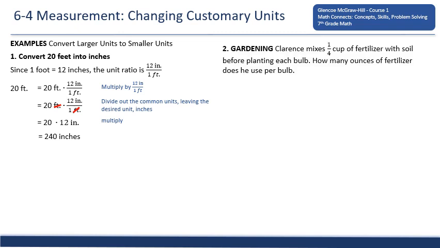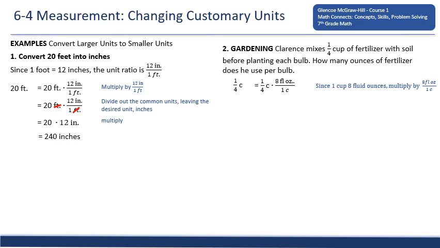Gardening. Clarence mixes a quarter cup of fertilizer with soil before planting each bulb. How many ounces of fertilizer does he use per bulb? We have a quarter cup, and since 1 cup is 8 fluid ounces, multiply by 8 fluid ounces over 1 cup.